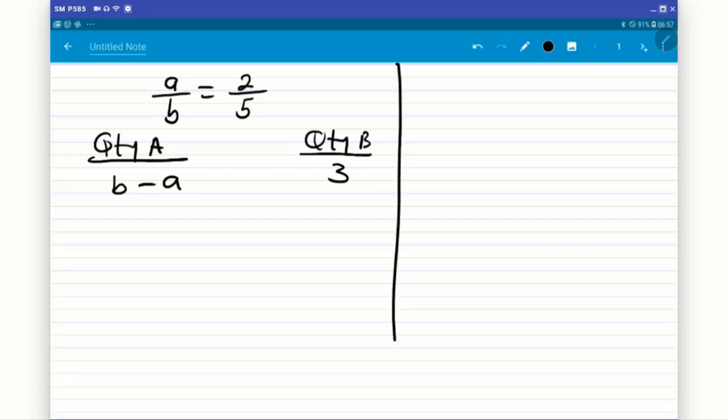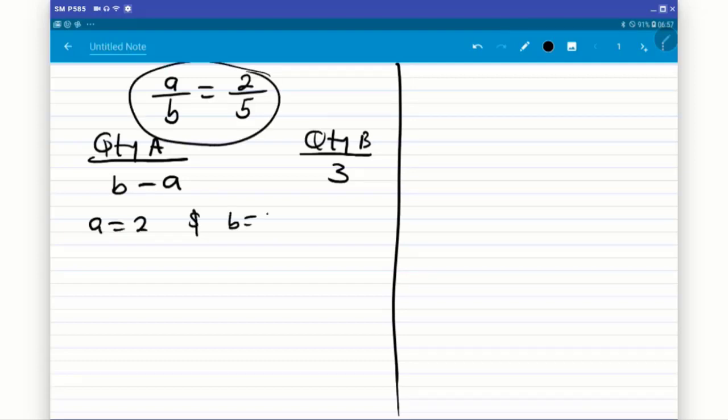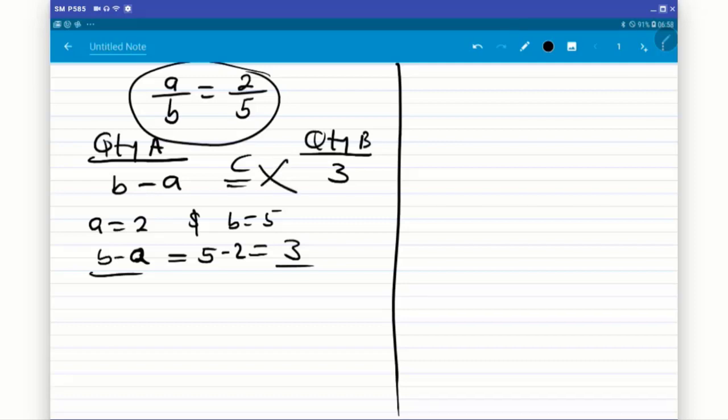So when you see something like this, what do you think? From what you are seeing here, you want to say it means A is equal to 2 and B is equal to 5. So if I find B minus A, that is equal to 5 minus 2, and that will be 3. So definitely B minus A is equal to 3. The two quantities are equal. But I can tell you, you are completely wrong.